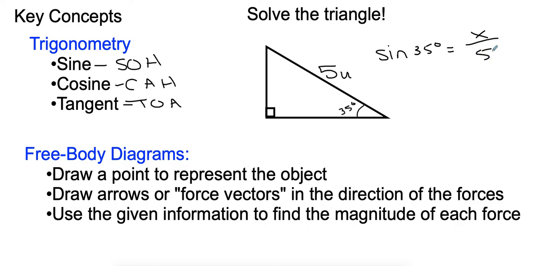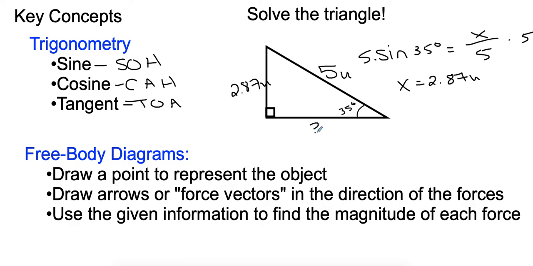A little bit of quick algebra: multiply both sides by 5, and we'll get our answer. It's just 5 sine 35. You have to make sure the calculator you're using is in degrees, not radians, for these examples. So x, or that side length, is 2.87 units.